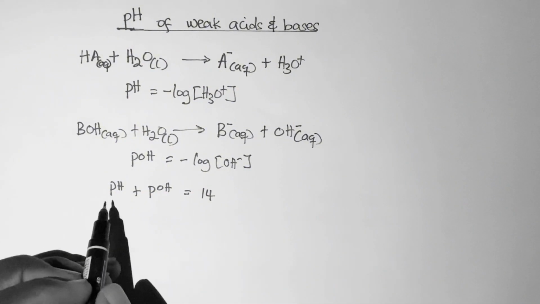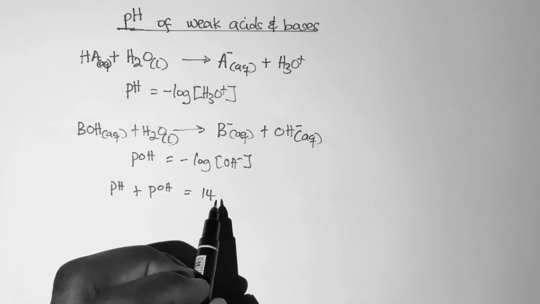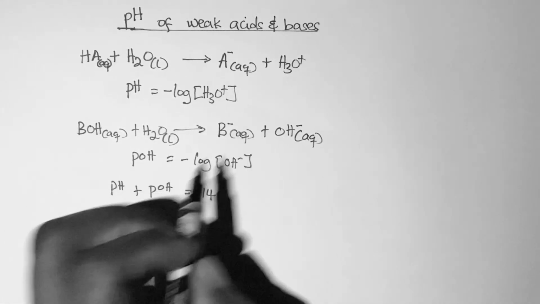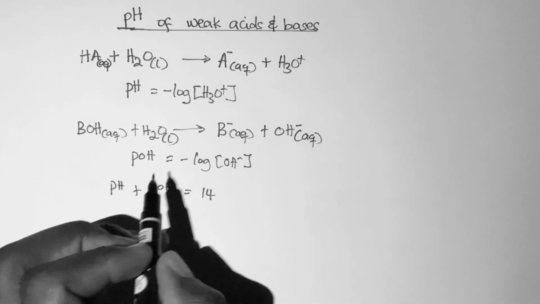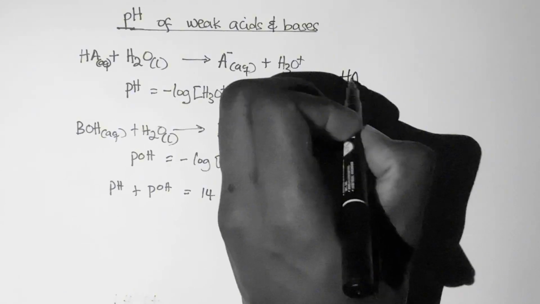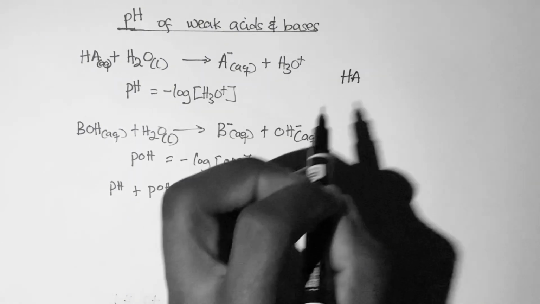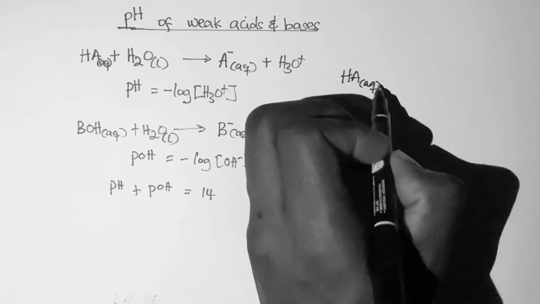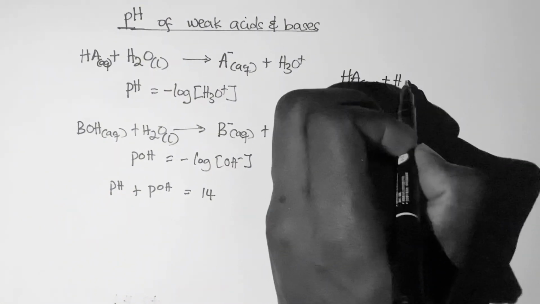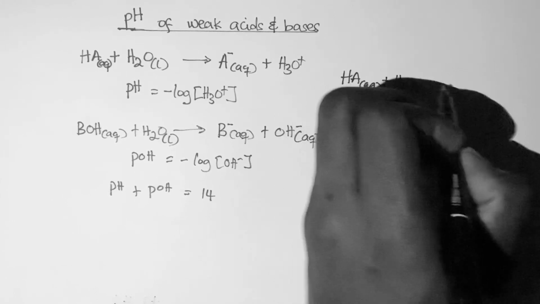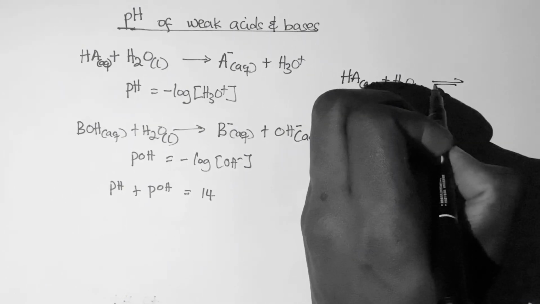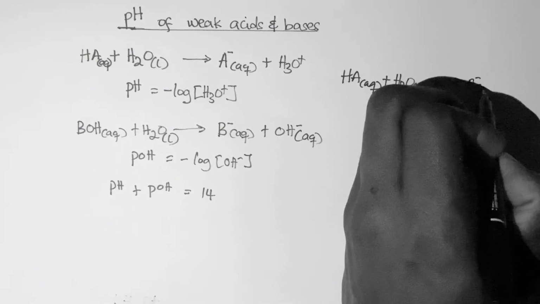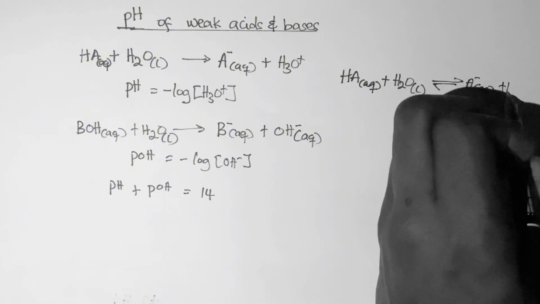Contrary to the concept of strong acids and strong bases, weak acids and weak bases do not undergo complete dissociation. So for example, if we say that HA is a weak acid, then instead of it undergoing complete dissociation, when we put HA in aqueous media into water, it will undergo a reversible reaction to give us the A- anions and then the hydronium ions.